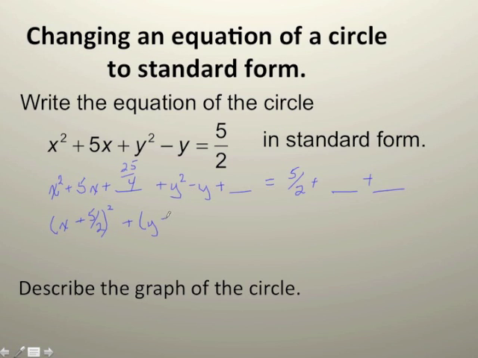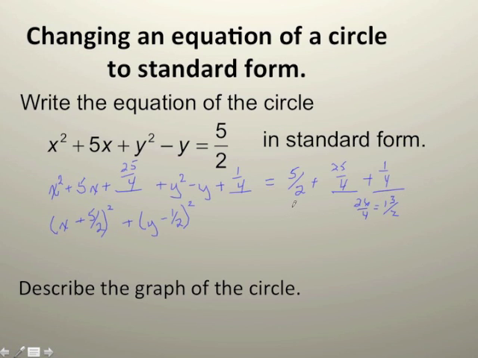Half of negative 1 is negative 1/2. Squaring that, I will have 1/4. So 25 fourths and 1/4 added on this side, 26 fourths would be 13 halves, plus this 5 halves.